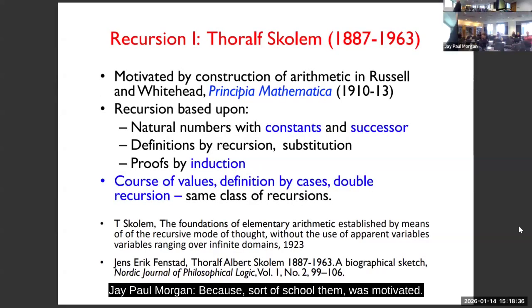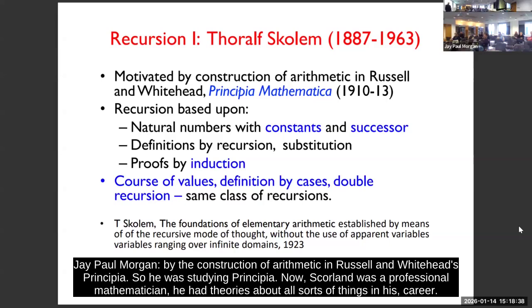Because Thoralf Skolem was motivated by the construction of arithmetic in Russell and Whitehead's Principia. So he was studying Principia. Now, Skolem was a professional mathematician.